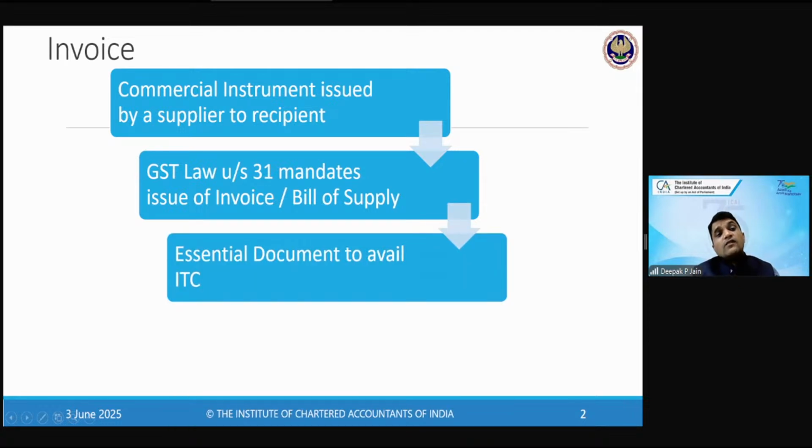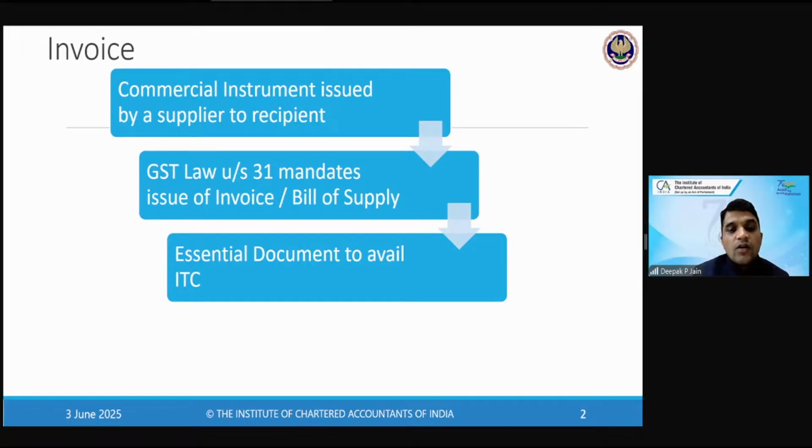Next, why is the invoice essential from the recipient's perspective? Recipient will say, "You told me, you sent me goods, I will pay you." No, that is not the only criteria of having a good relationship. Invoice is necessary from the supplier's perspective because Section 31 says it, and he will have to use that to file his returns.